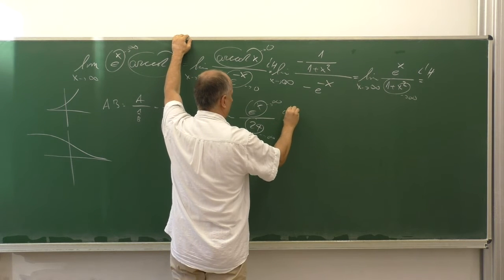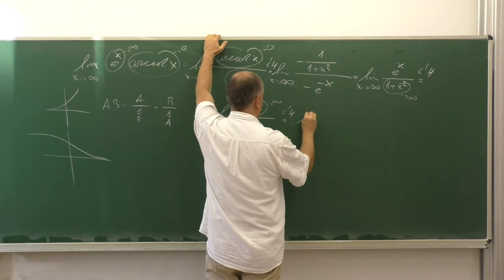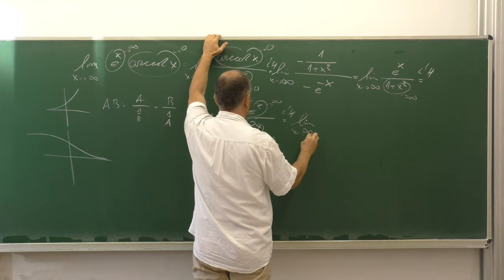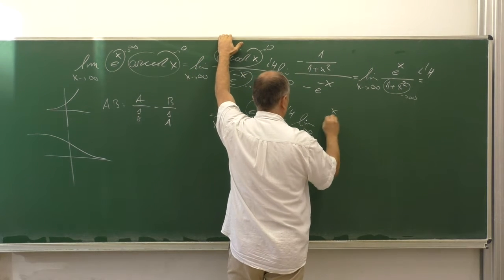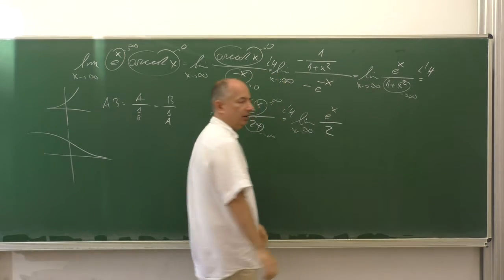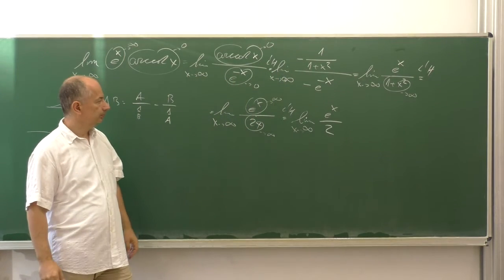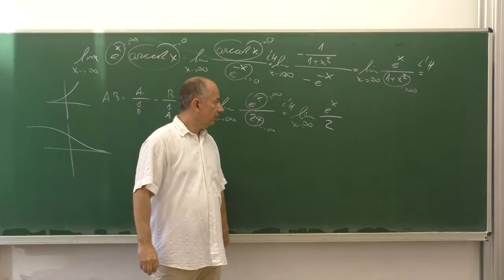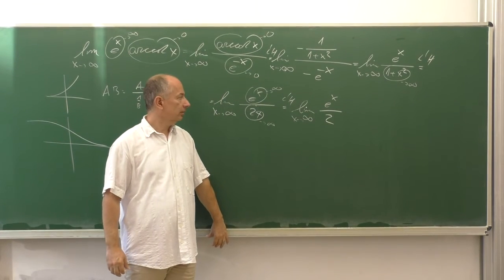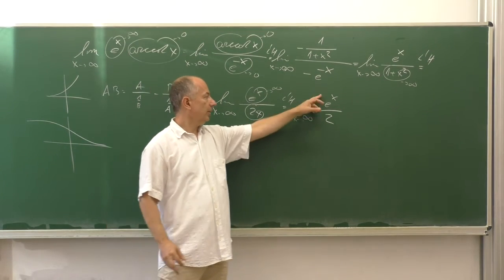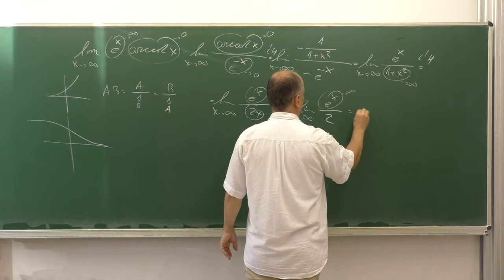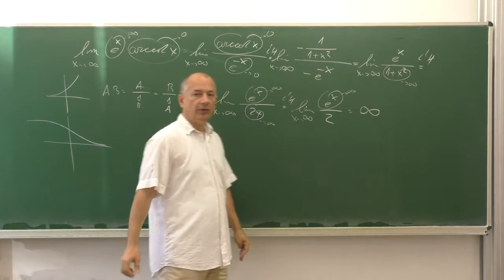So we can once again try L'Hopital's rule, and we have the limit for x approaching infinity of e to x divided by the derivative of 2x, which is 2. Well, and now the denominator is constant, 2, and e to x goes to infinity, so we have infinity divided by 2, which is infinity.